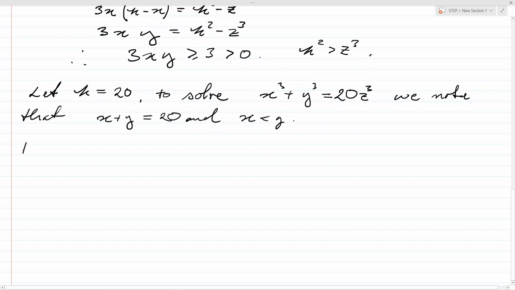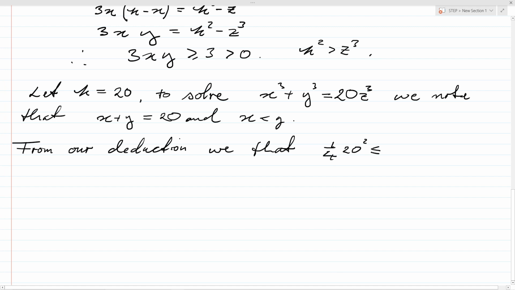From our deduction, we have that a quarter of 20 squared is less than or equal to z cubed, which is going to be less than 400. And hopefully this will help. 20 squared is 400, obviously, so divided by 4 is 100. So we have 100 is less than or equal to z cubed is less than 400.